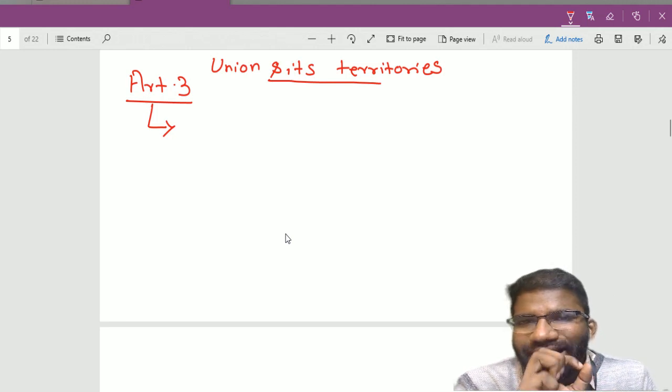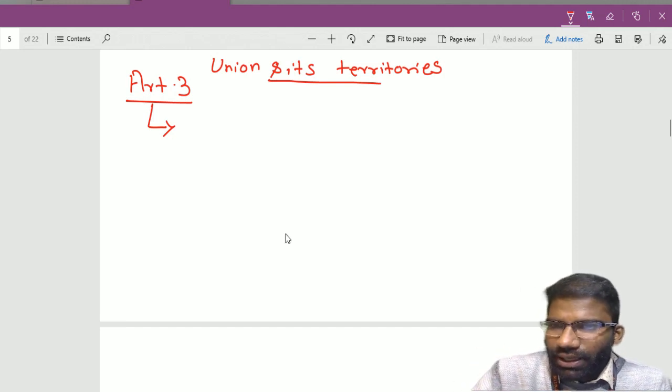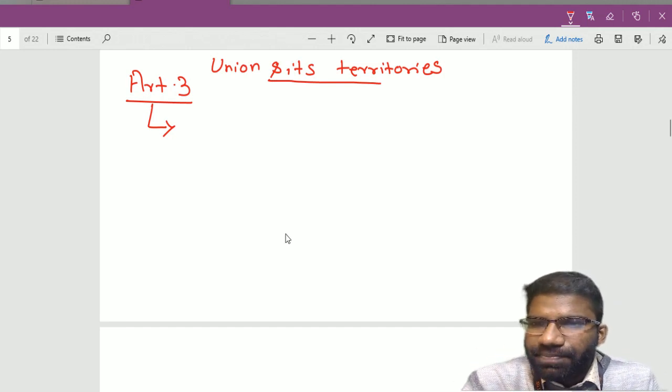Before going into the detailed aspects, let us discuss what Article 3 tells us about.